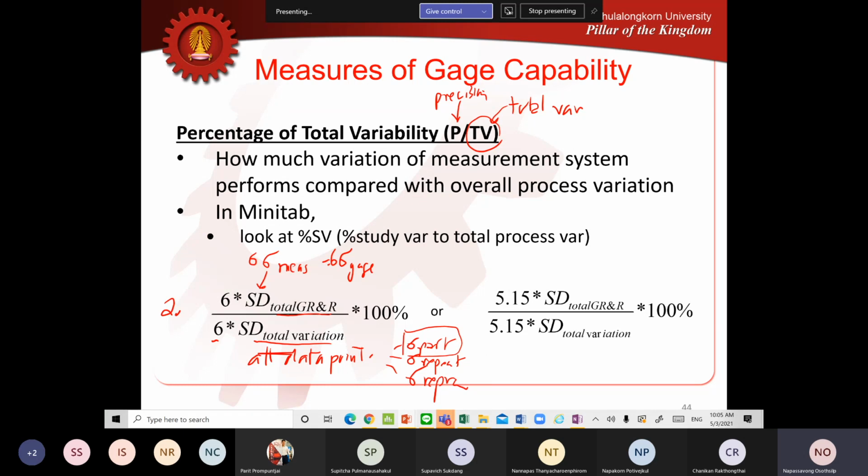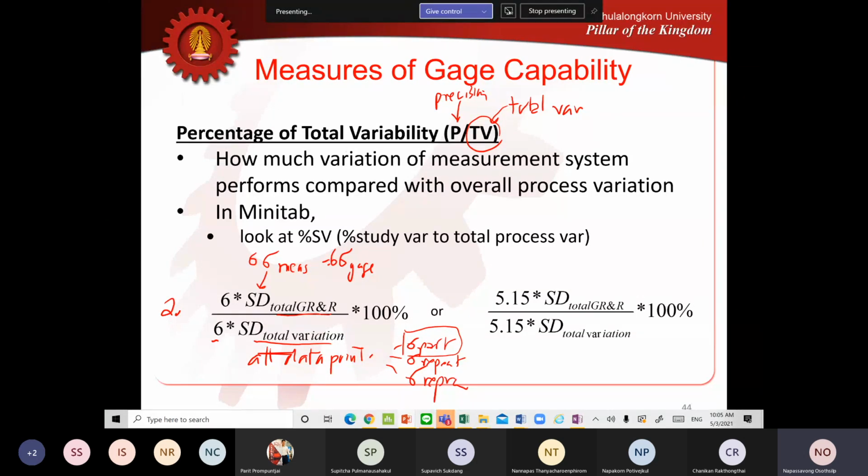That means the variation of the measurement will be confounded, or combined, with the variation among the parts. So for us to observe the variation among the parts, we cannot avoid the variation of the measurements, because we need to use the measurement device to measure the parts, right?